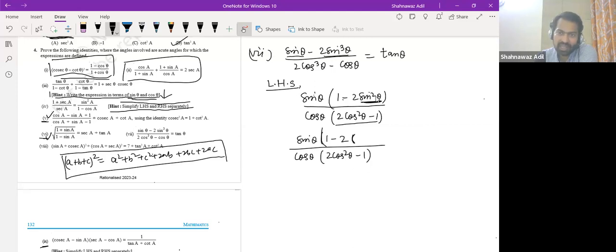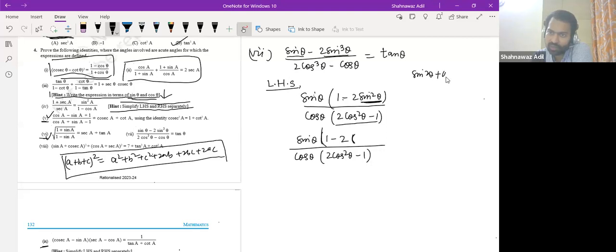Just write the identity and then you will see how we write sine square theta. Just remember the identity. What is the identity in terms of sine and cos? Yes, the first identity: sine square theta plus cos square theta is equal to 1.